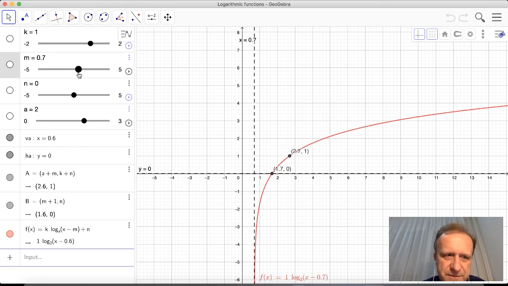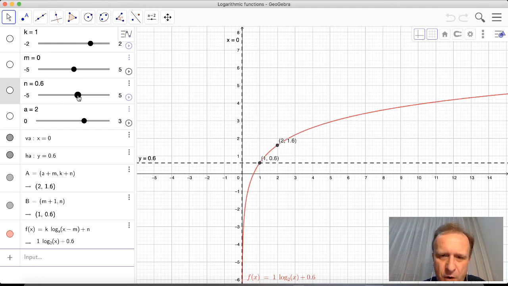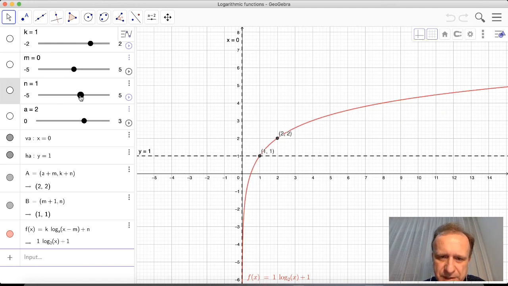Now, what is the effect of the change in the parameter n? Since n is added to the value of the function, one can expect that it's going to increase or decrease the value. So if I increase n, all the values of the function increase. For example, when n is 1, all the values of the function increased by 1.